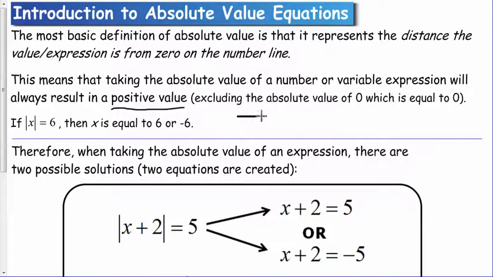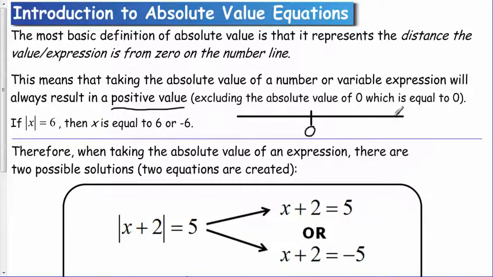Let's apply the idea to the definition. So here's a number line. In the middle, I have the number 0. The absolute value of x equals 6 means the distance of x on the number line is 6 units from 0.